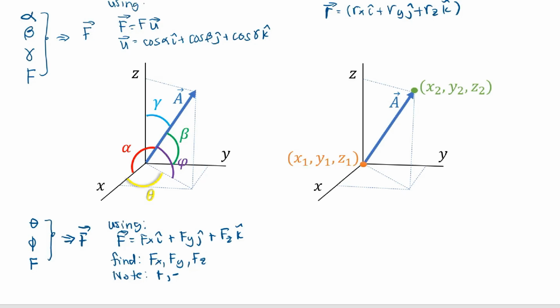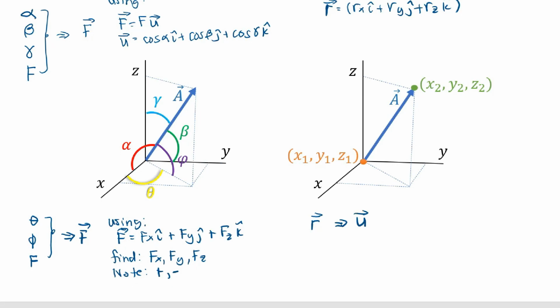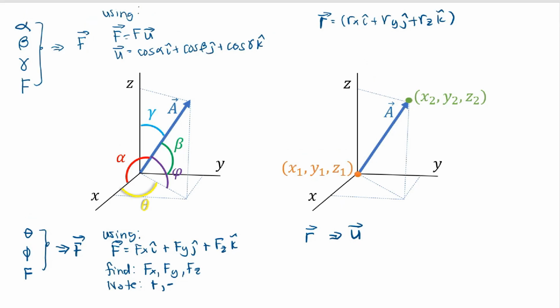So now we have the position vector. From the position vector, we will extract the unit vector, because the force vector is in the same direction as the position vector. They share the same unit vector, because a unit vector tells us the direction of a certain vector, and since the position vector is also the position of our force vector, they share the same unit vector.